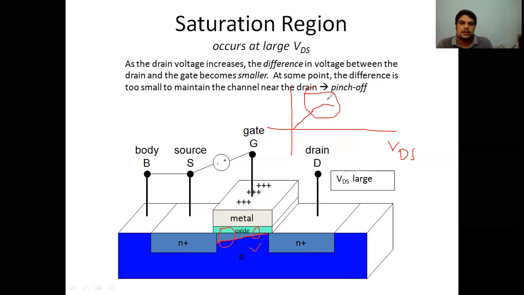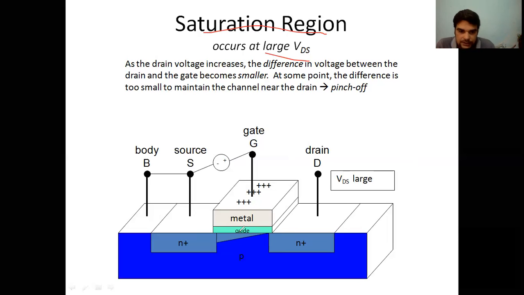This is happening because of the change in channel dimensions like this. Now, the saturation region occurs at larger values of VDS. A situation will come when the channel will look like this. It will completely pinch off here.